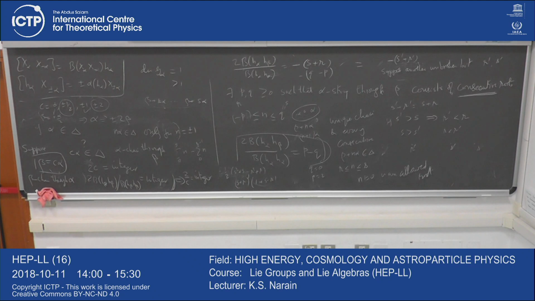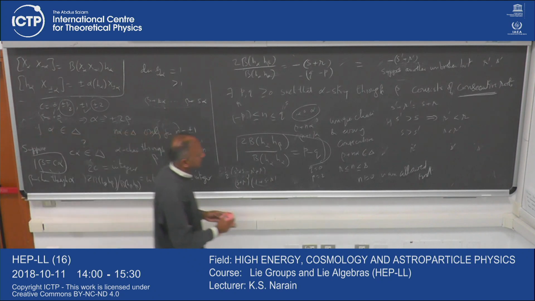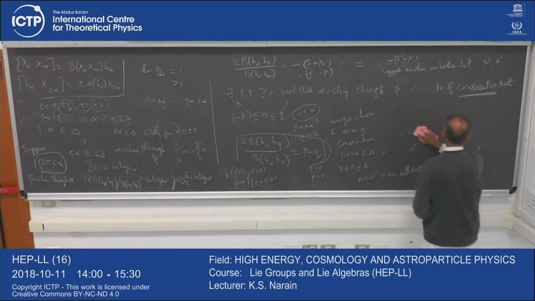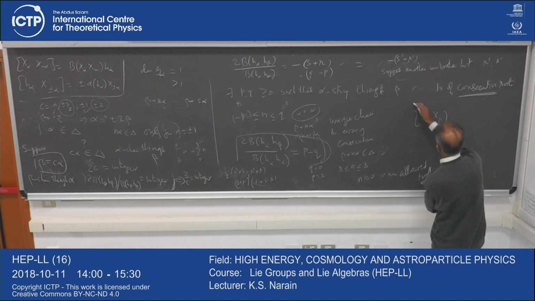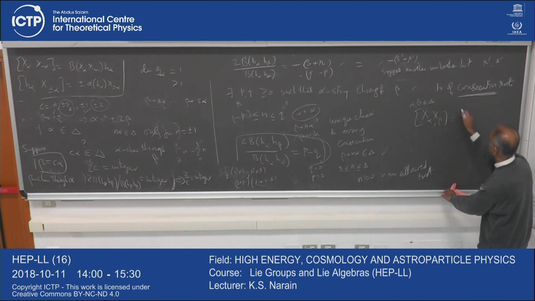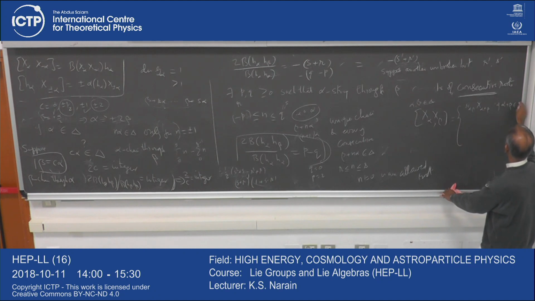You remember the general form of the Lie algebra that we wrote was the commutator [x alpha, x beta], where alpha and beta belong to delta. There are several possibilities. It was equal to n alpha beta x alpha plus beta if alpha plus beta belongs to delta.